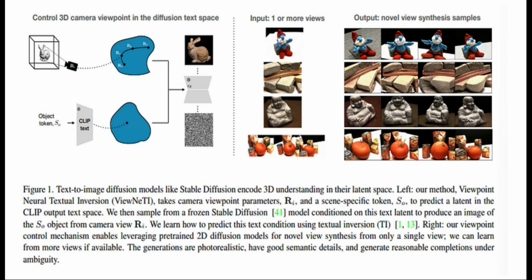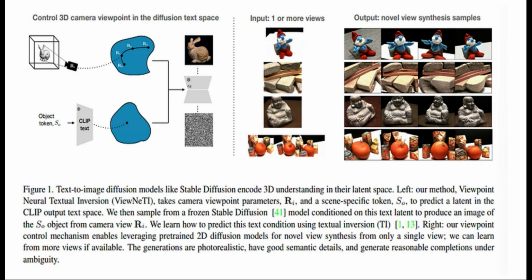Yes, dear friends, single view novel view synthesis, that is NVS, can generate different perspectives of an object using just one input image, better than traditional 3D reconstruction. And unlike 3D models that need multiple views and depth estimation, this ViewNeTI can extrapolate missing details intelligently.